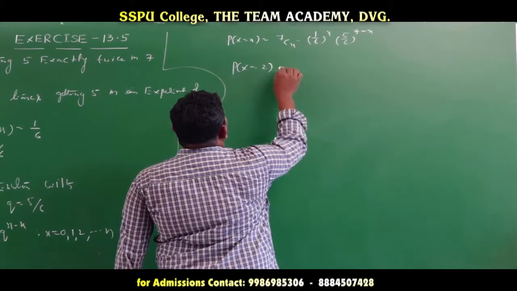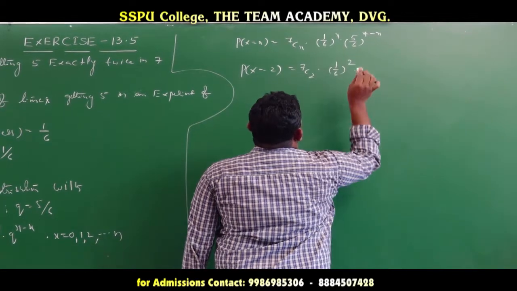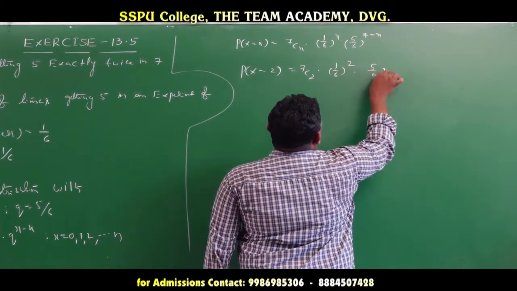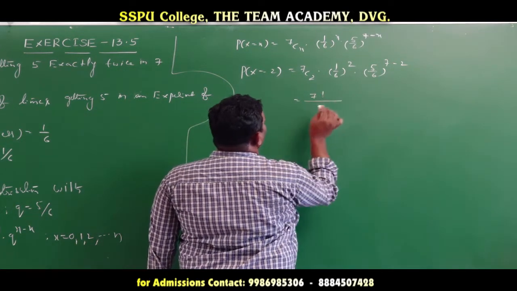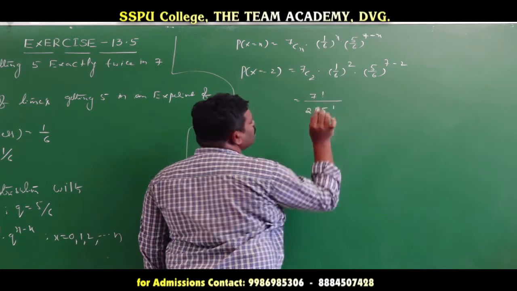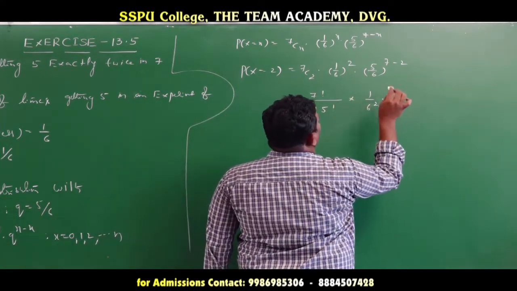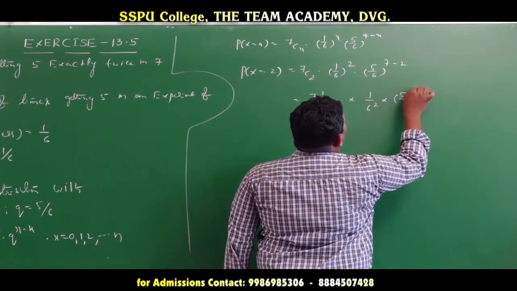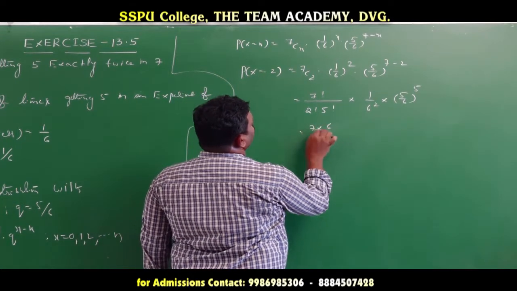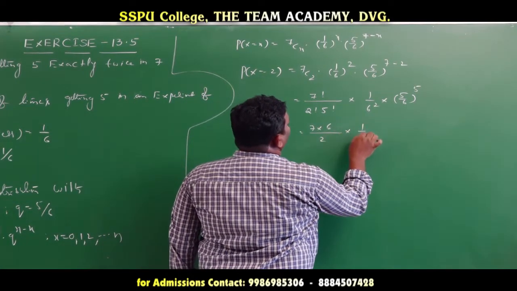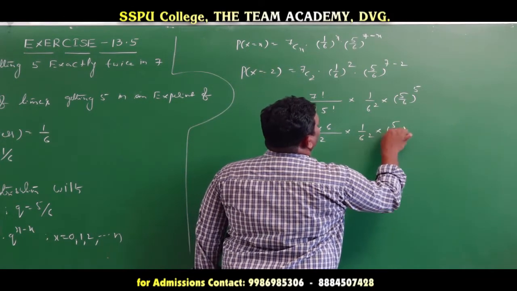So that is equal to 7C2 into (1/6)² into (5/6)^(7-2), which is 7 factorial by 2 factorial into 5 factorial, into (1/6)² into (5/6)^5. Then we substitute: 7 into 6 by 2 into 1 by 6 square into (5/6)^5.